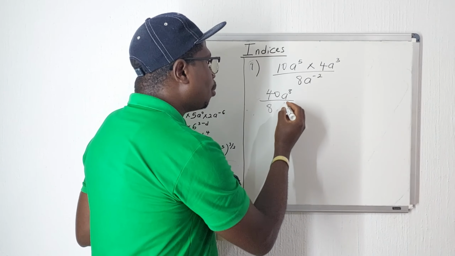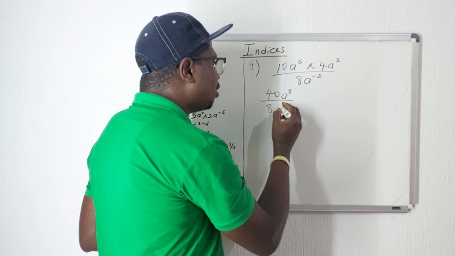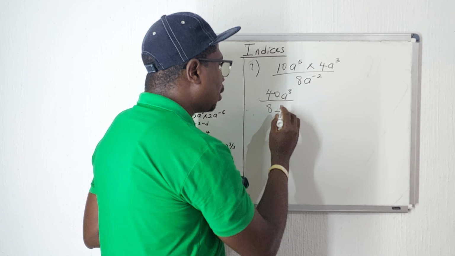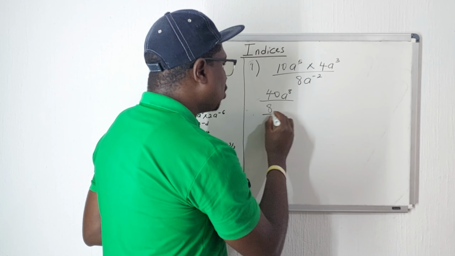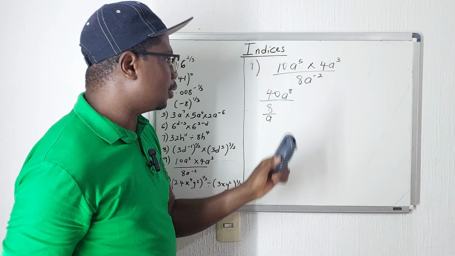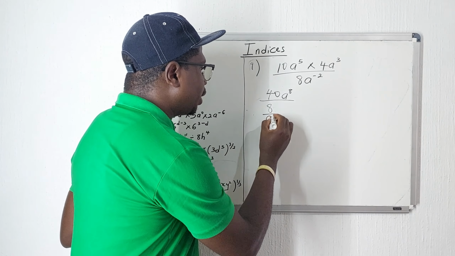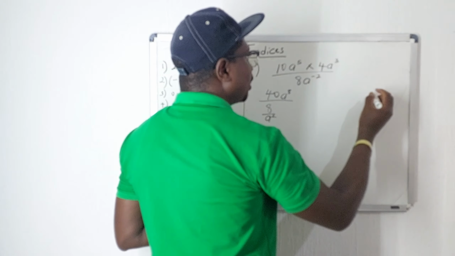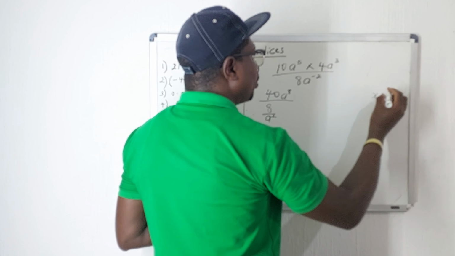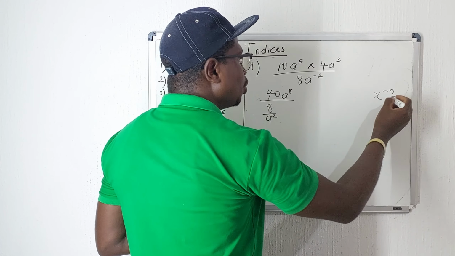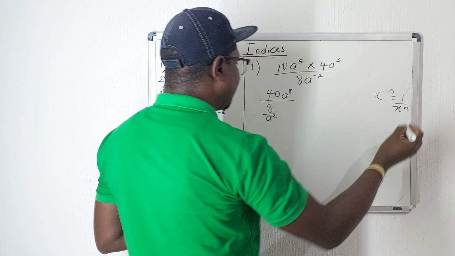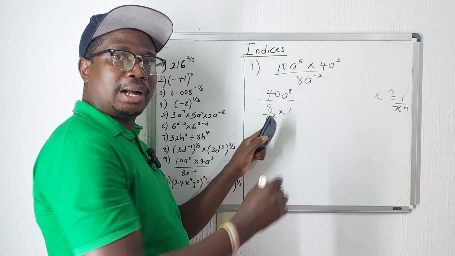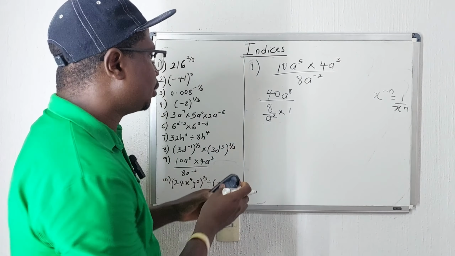So it will be 1 over a squared. Because if we have x raised to power minus n, it will be what? 1 over x^n. So this is the same thing as saying times 1 over a squared.